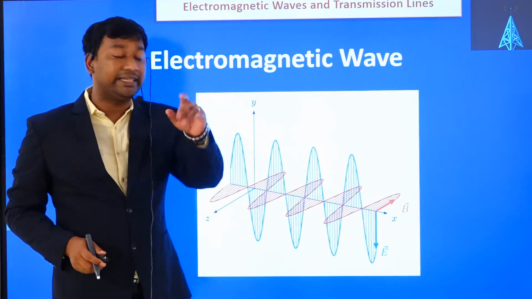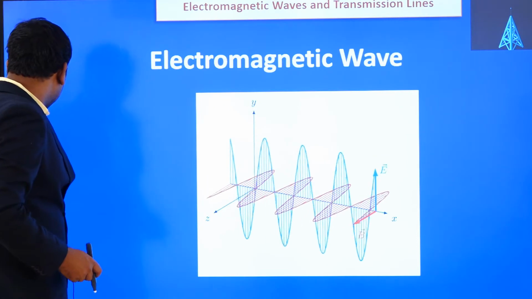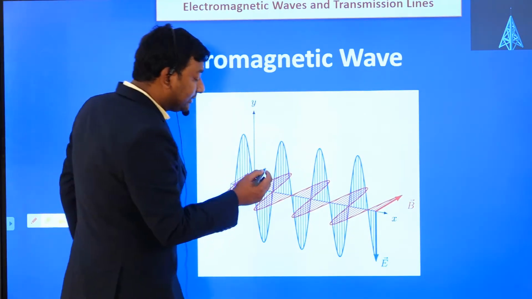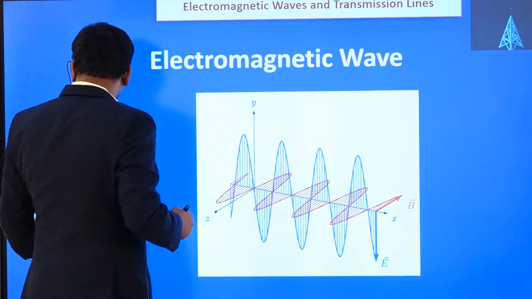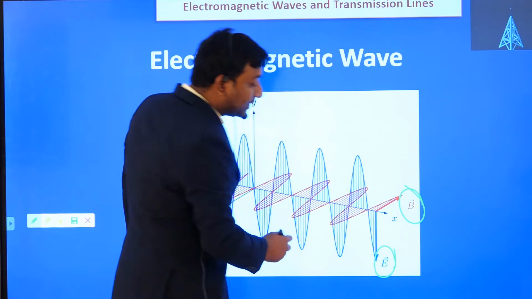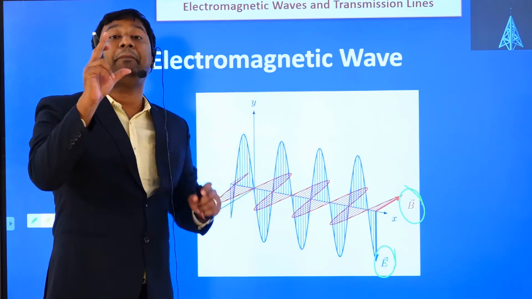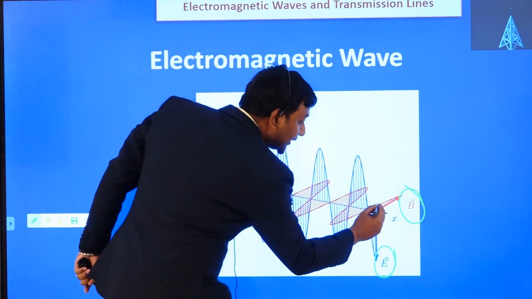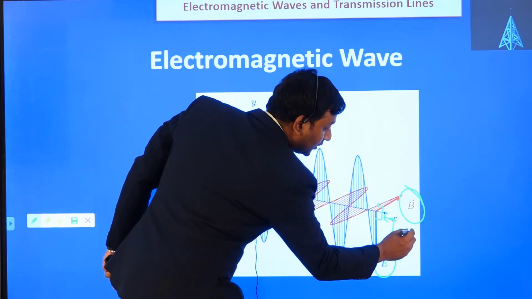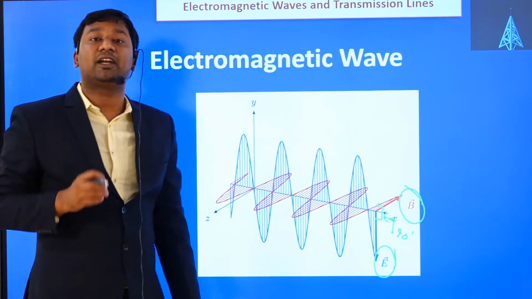One important thing you can notice here: this is the electric field vector, and this is the magnetic field vector, but both are perpendicular to each other. That is the beauty of the electromagnetic wave.